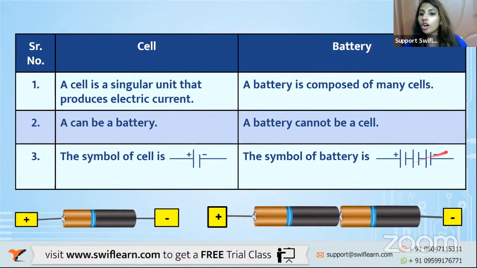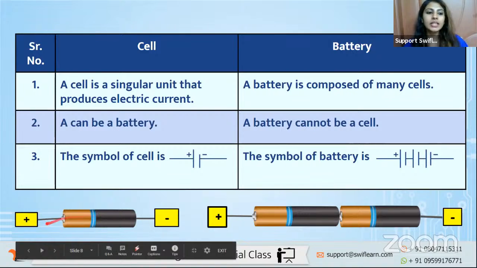All these joined together is a battery. The cell has just one positive and negative terminal, but here the battery has two cells, and each of them has a positive terminal and a negative terminal. Okay, children.